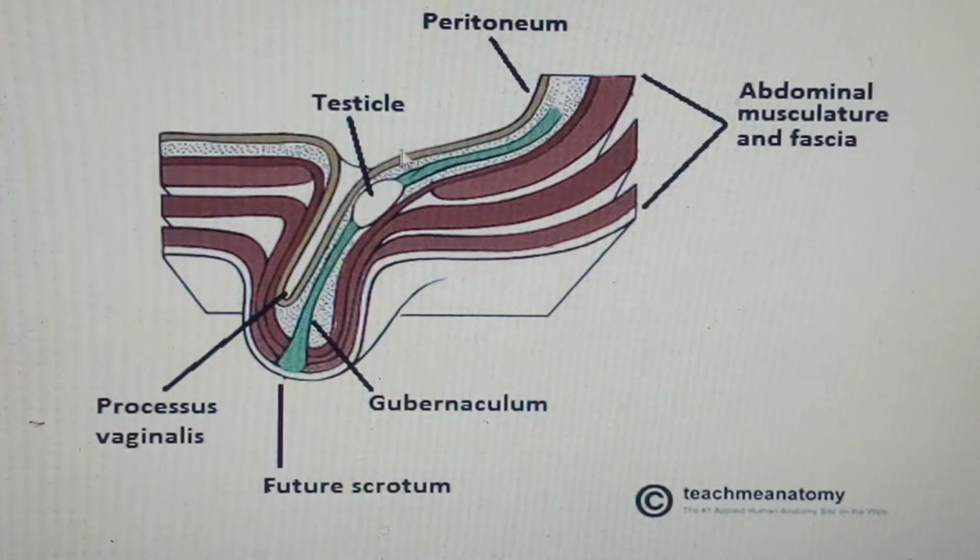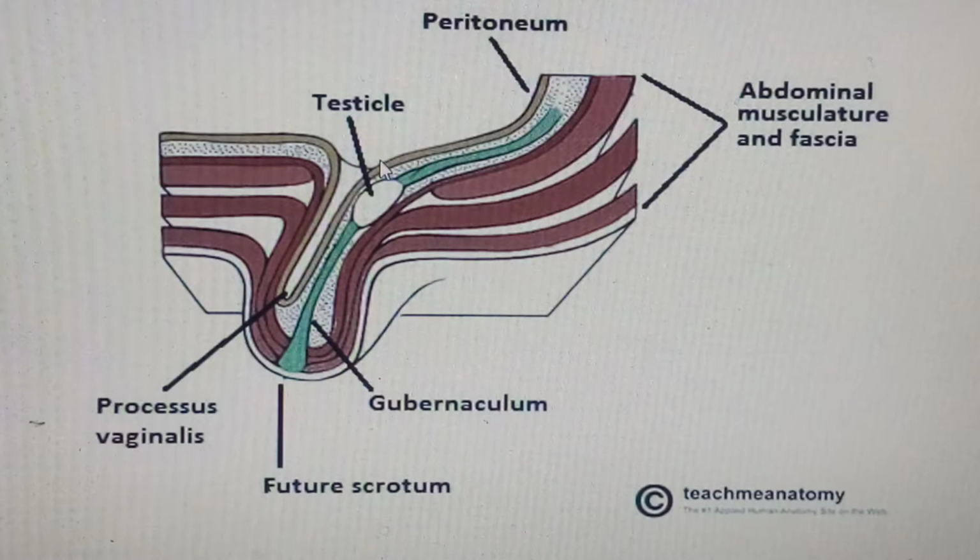But one thing that we find is that after the descent of the testis into the scrotal sac, this opening of the processus vaginalis will have to close. That is why patency of this processus vaginalis can create the pathway for what we call indirect inguinal hernias.